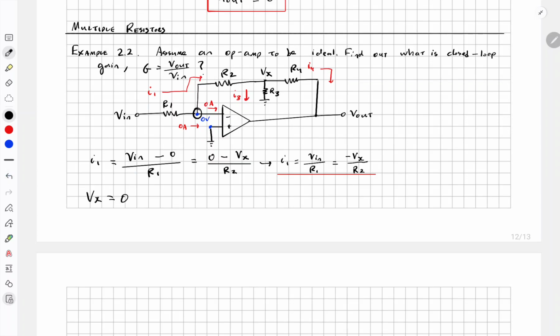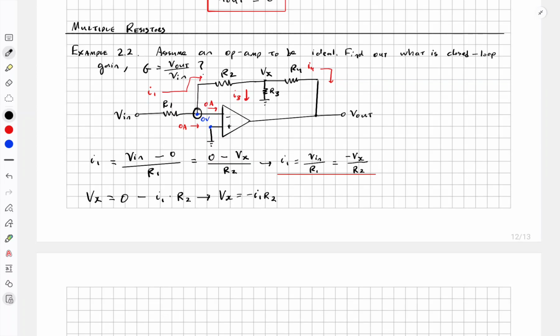So it's 0 minus the voltage drop across this resistor, which is just I1 times R2. So Vx is equal to negative I1 R2. Okay, so now we know what Vx is.